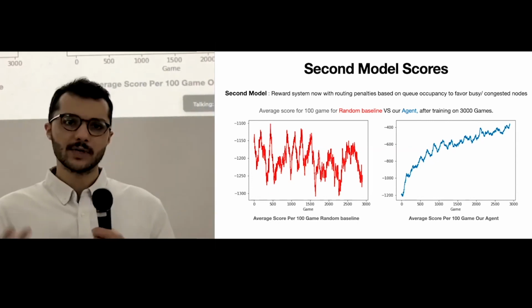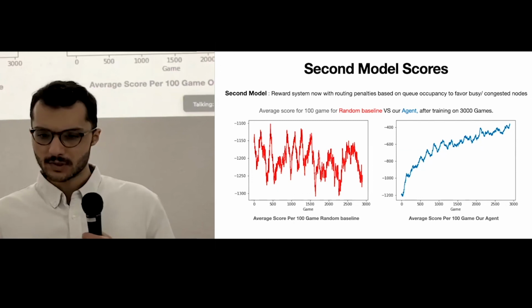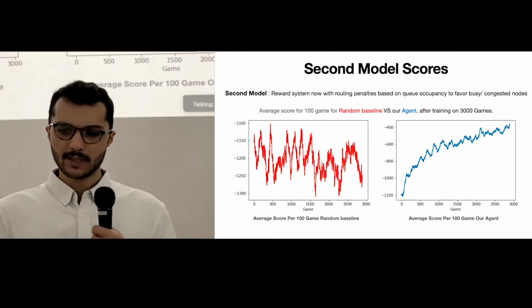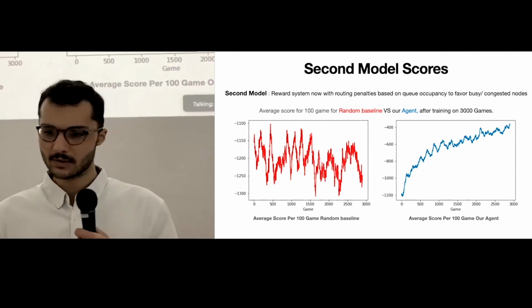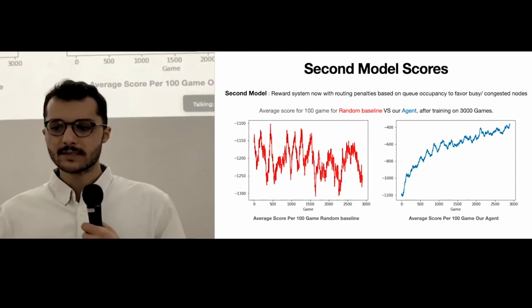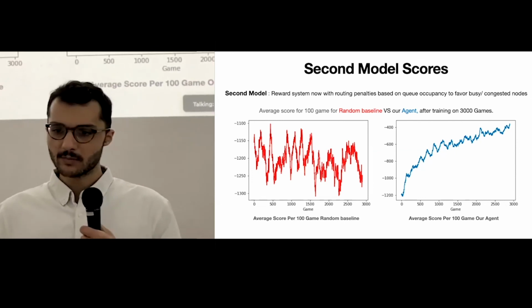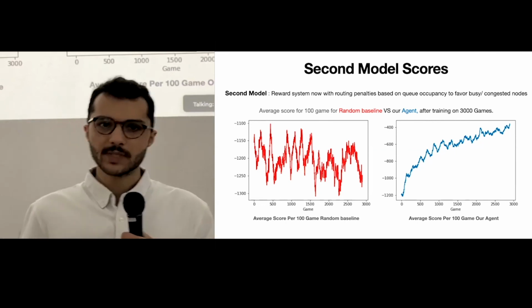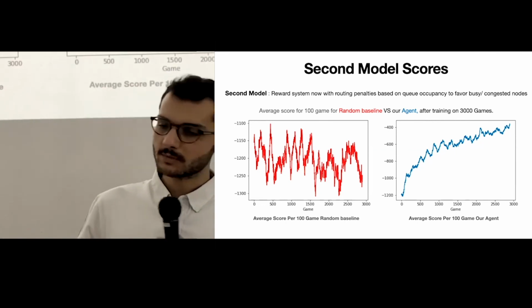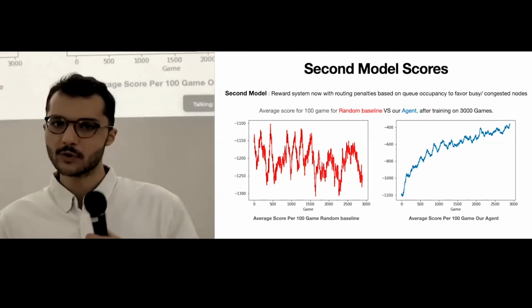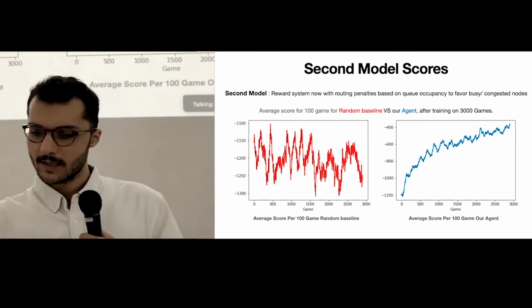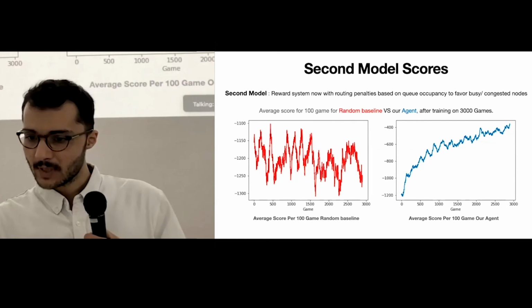On the left, we have a random baseline, which sticks to a score of less than -1,000. On the right, we can clearly see that our agent is becoming better over time. We're training it with 3,000 episodes, which is not much, but with the computing resources that we have, it took at least 3 hours.